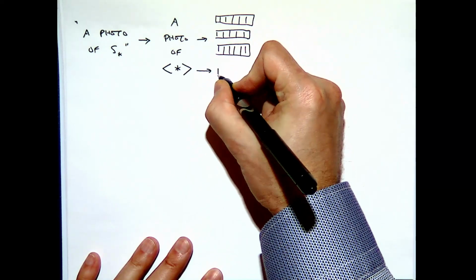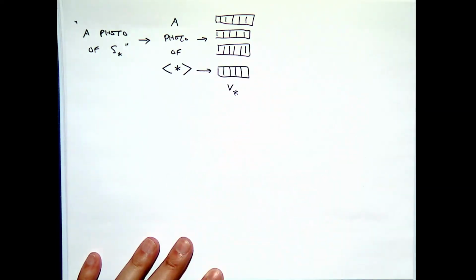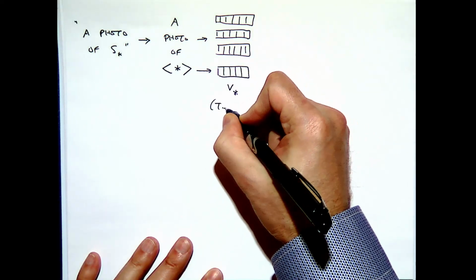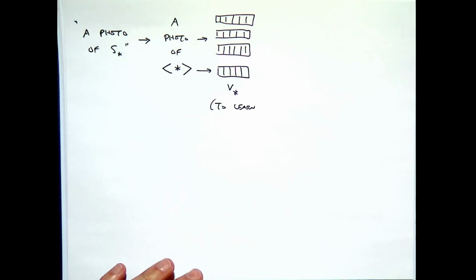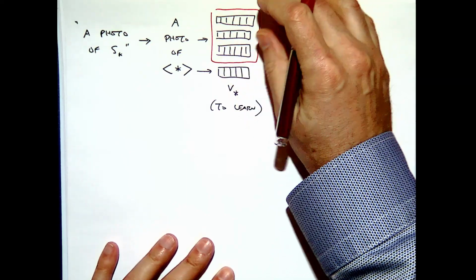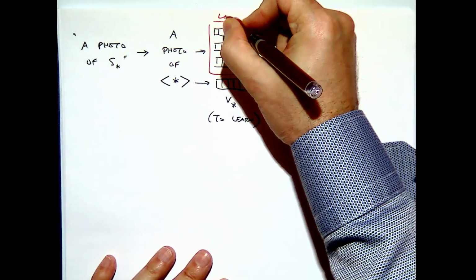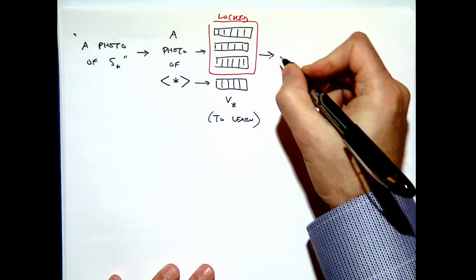And then this thing is going to go to a new embedding V star that I want to learn. Conversely, I want to lock all this other stuff down, so I'm not relearning this. And then this all goes into the usual process, right?